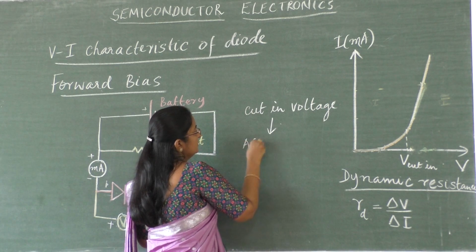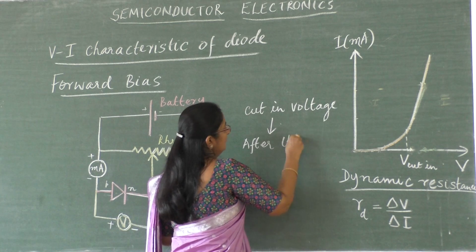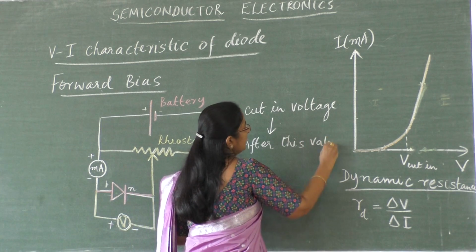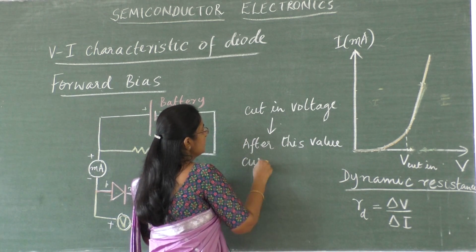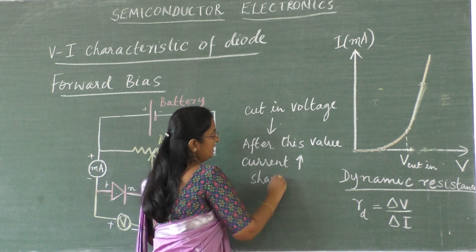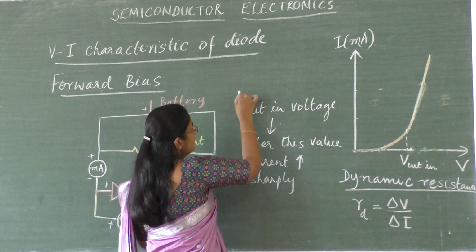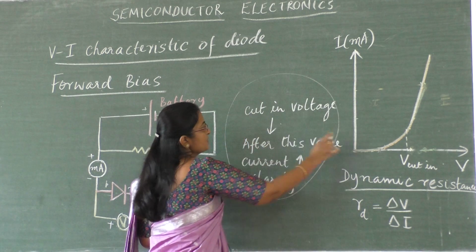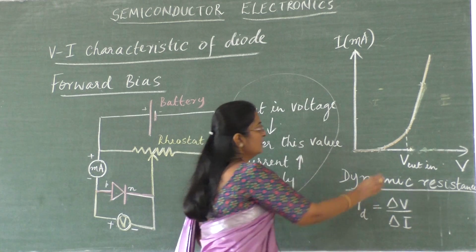After this value, in the graph, the current increases sharply or exponentially. This is the concept related to cut-in voltage.